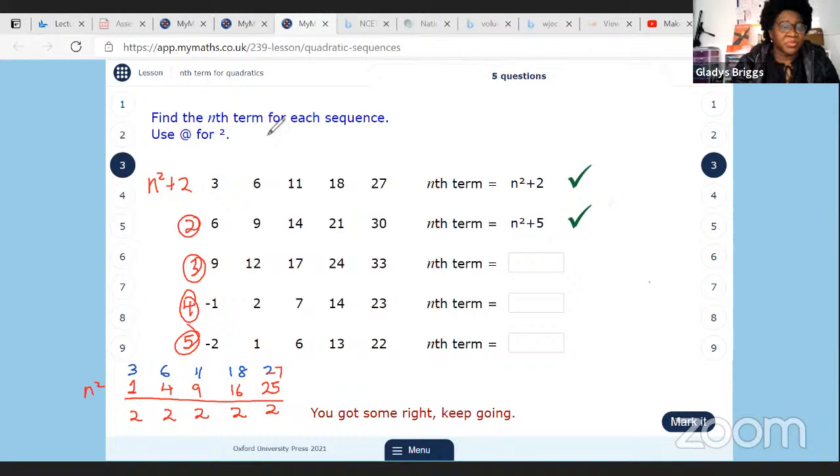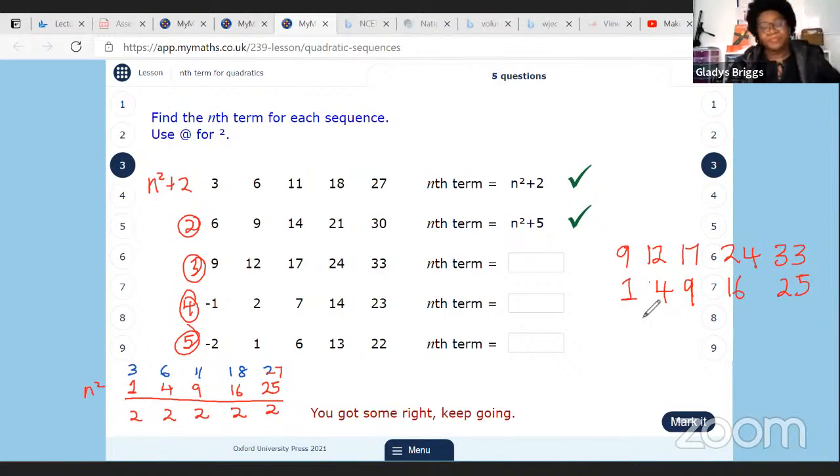Question 3 would be 9, 12, 17, 24, and 33, and you have 1, 4, 9, 16, and 25. Now you need to find the difference.